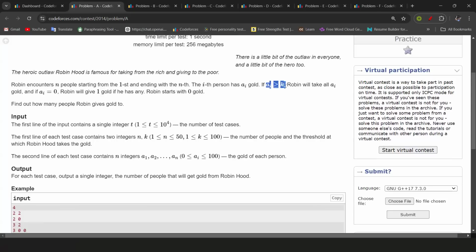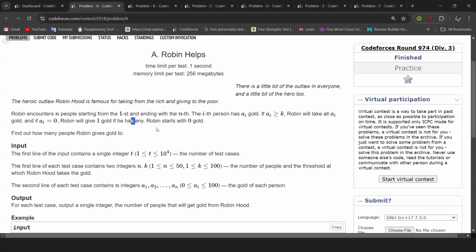If the number of gold that the ith person has is greater than or equal to k, Robin will take all of his gold. And if that person doesn't have any gold and Robin has at least one gold, he would give one gold to that person. And if Ai is between 0 and k, nothing will happen.